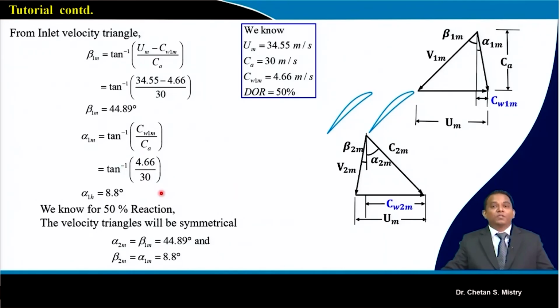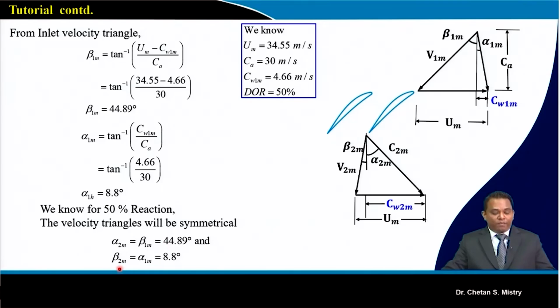In the same way, as we have our degree of reaction constant, and it is 0.5, we can say we will have symmetrical blading. So my alpha 2 at the mid station and my beta 1 at the mid station are the same, and it is 44.89 degree.